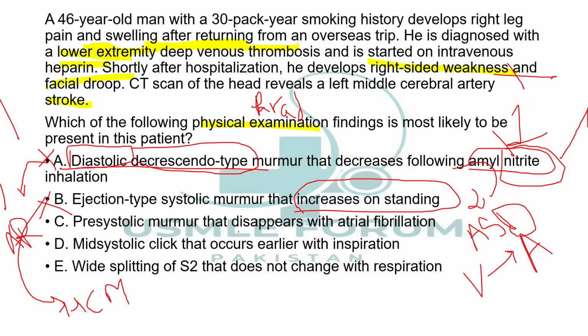Presystolic murmur that disappears with atrial fibrillation. Presystolic murmur, first of all, this is the wrong answer. And presystolic murmur shows mitral stenosis. And the fact that it decreases with atrial fibrillation just shows that the atria are contracting more.